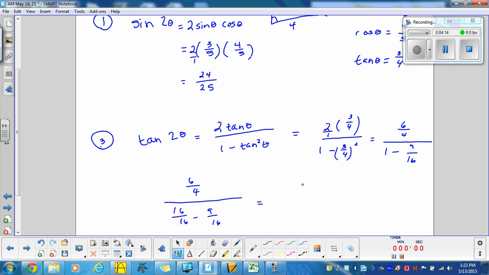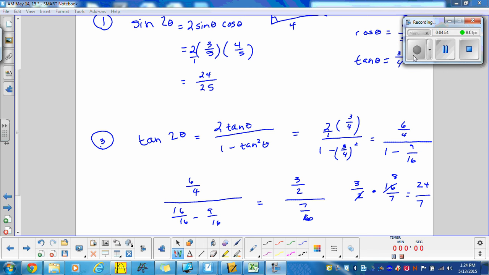And that's going to be 6/4 reduces to 3/2. 16 minus 9 is 7. So this is really 3/2 divided by 7/16. So we're going to do 3/2 times 16/7. And so the 2 will cancel and make that 8. So 3 times 8 is 24. So this is going to be 24/7 for the tangent of 2 theta.